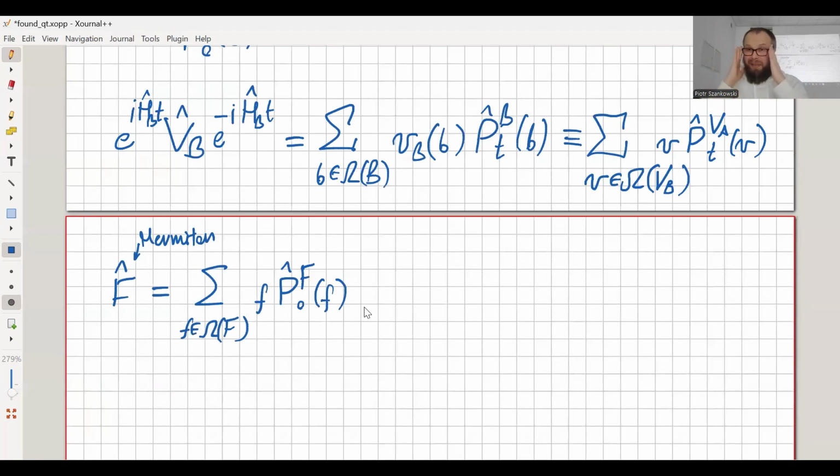So we just established the link between Hermitian operators and observables, okay?